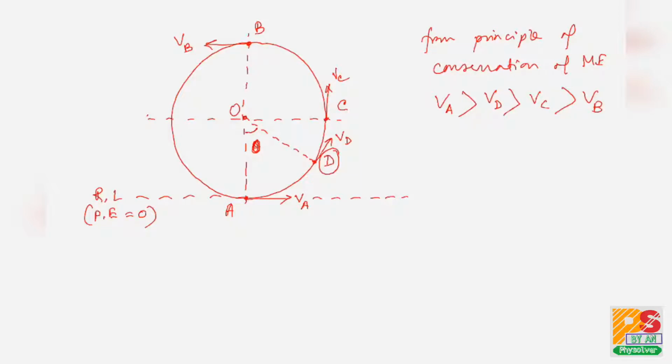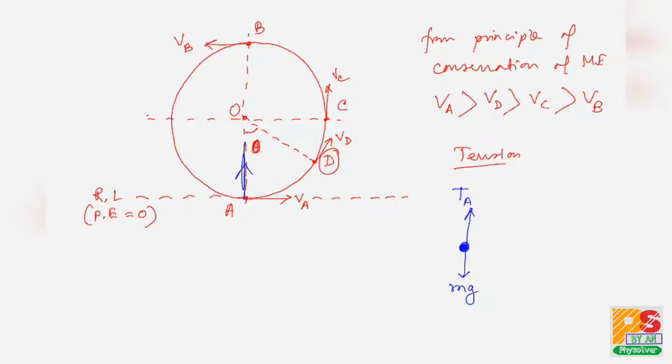Now coming to the tension. Now at point A, if I draw the FBD of the body, weight is acting downwards, which is mg, tension acting along the string as if the string is pulling the body, so tension is this.